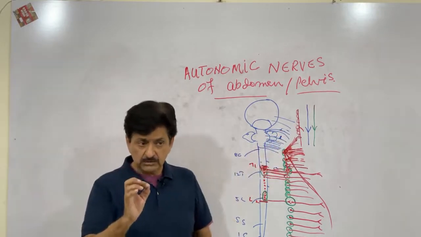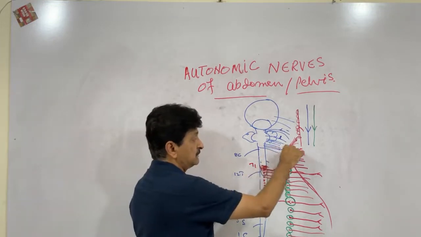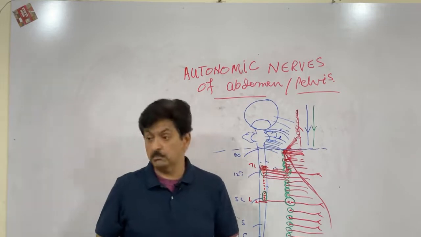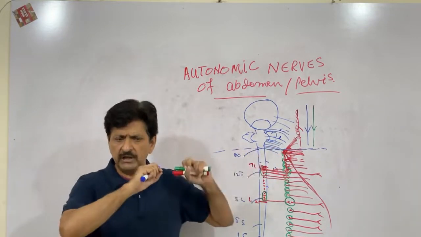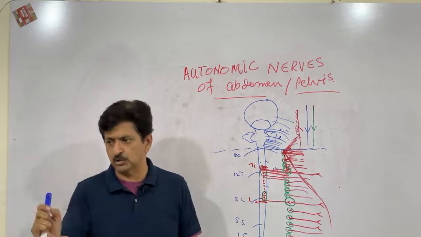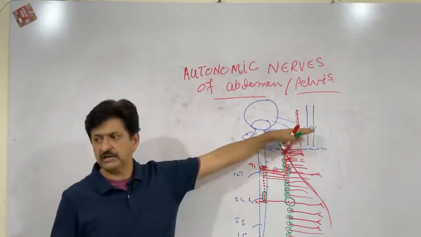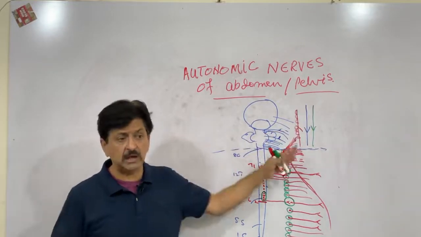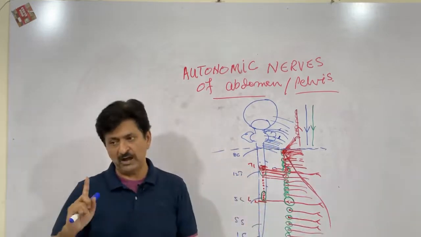And one idea that you should always keep in your mind, but will not write: above this level, you don't have any sympathetic neuron cell body available. Means if you are going above that level, it is always postganglionic, because there is nothing above into which you will relay and become postganglionic. You have to be postganglionic.